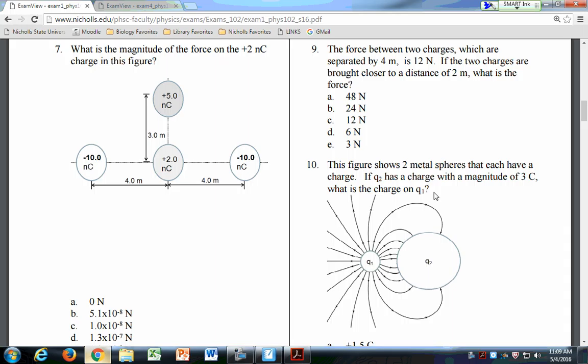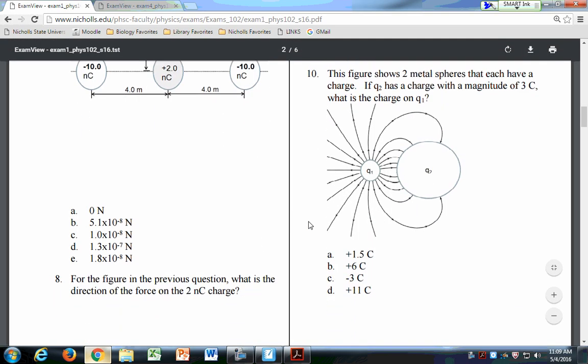All right. You're going to have some 2D force problems like this number 7. Actually, this number 7 did simplify, but you will see some 2D force problems. They won't be terribly complicated, but you need to know how to add forces in 2 dimensions.